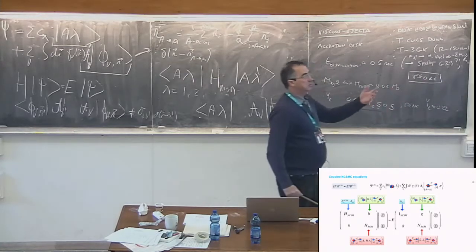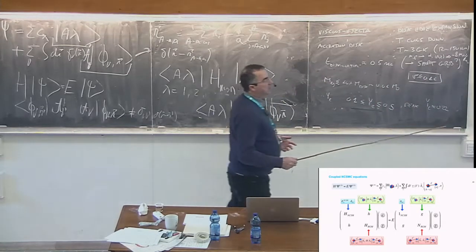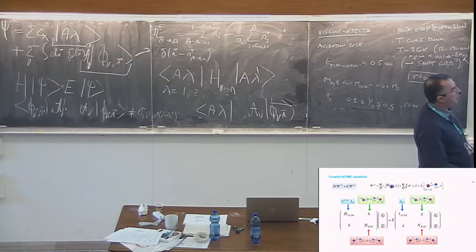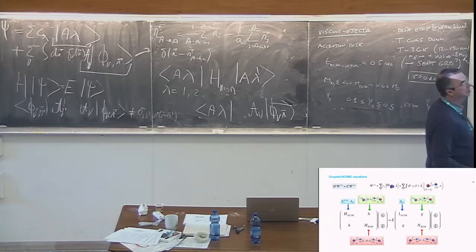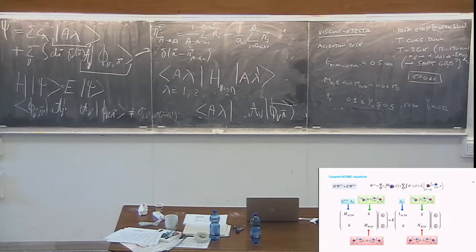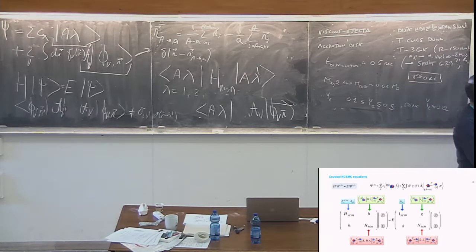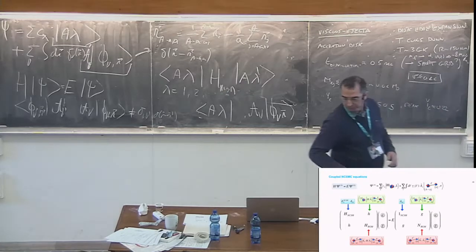Once I calculate all these pieces, my unknowns will be these expansion coefficients. These are discrete, coming here, and these are continuous, depending on this dummy coordinate r. To get those, I have to solve these equations.